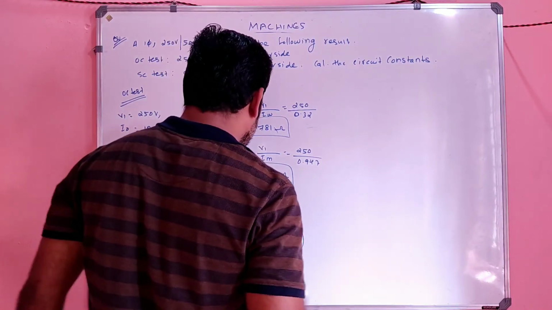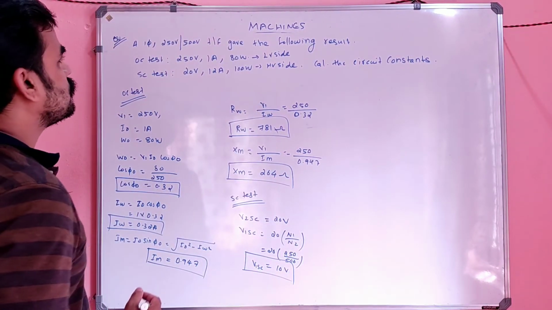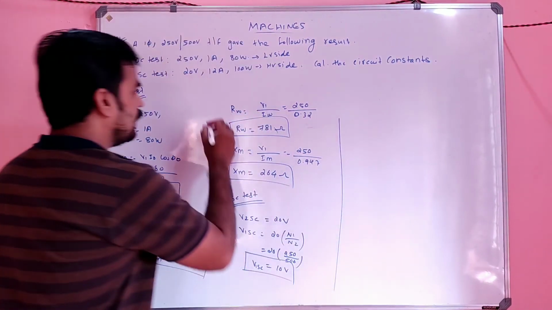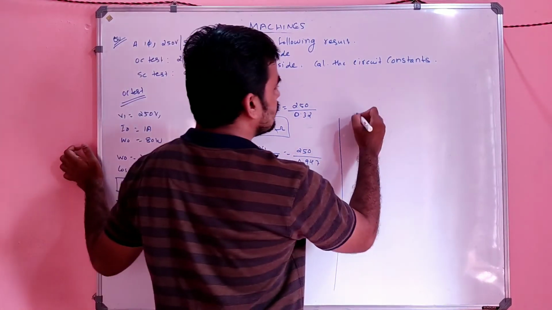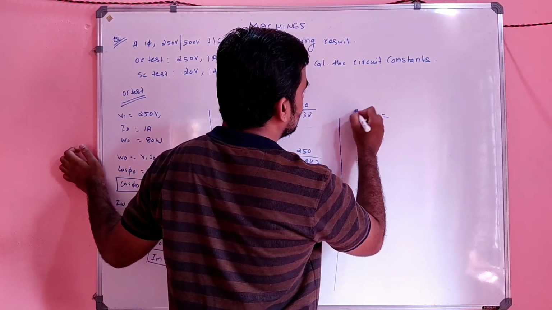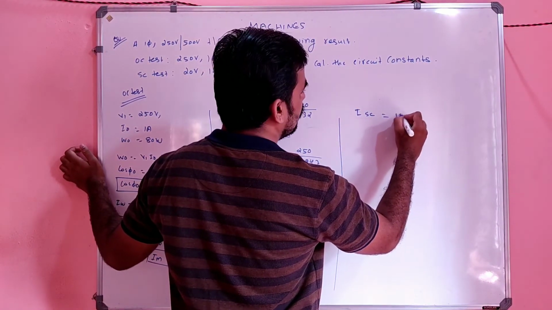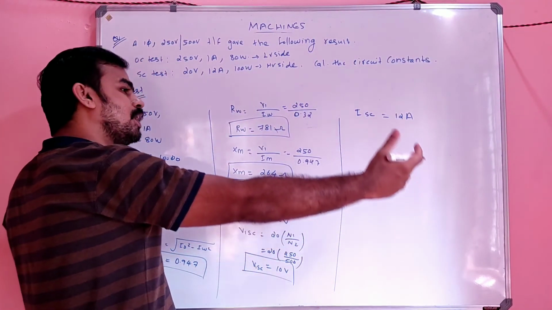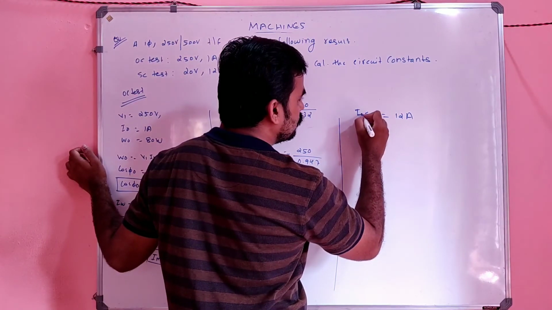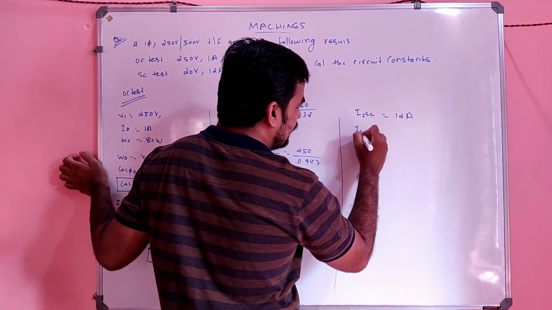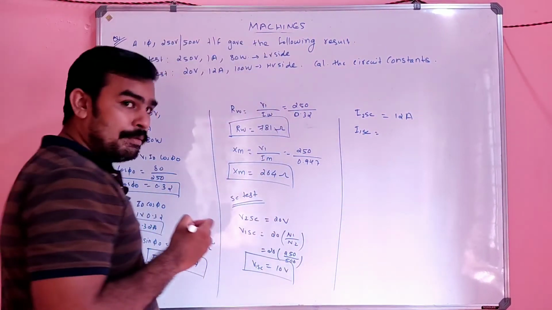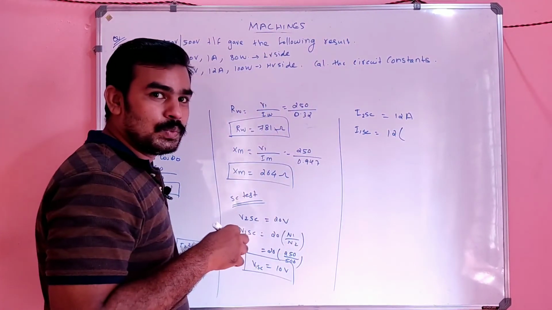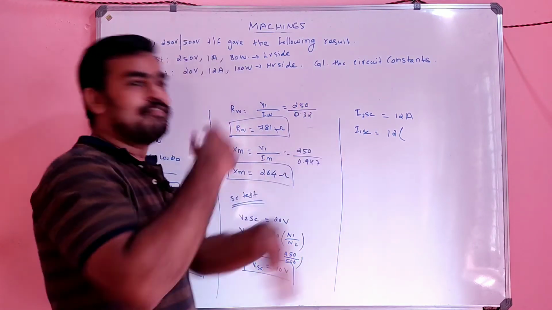Similarly, the current also you have, no? ISC is equal to what, my dear? It is 12 ampere, right? It is actually the secondary current, I2SC. If you want to find the current regarding the primary side, I1SC will be equal to the old current into the reciprocal of where you go.